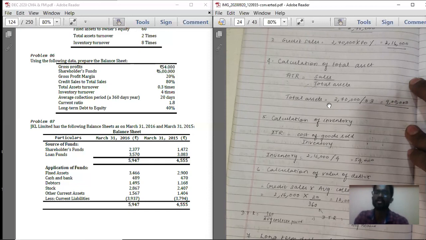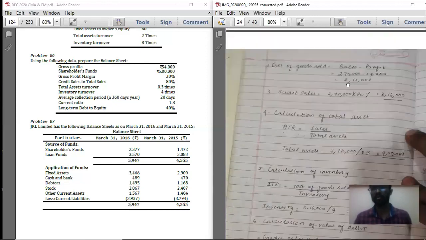So total assets is equal to 2,70,000 divided by 0.3. In the amount column write 9 lakhs. So we have found total assets.